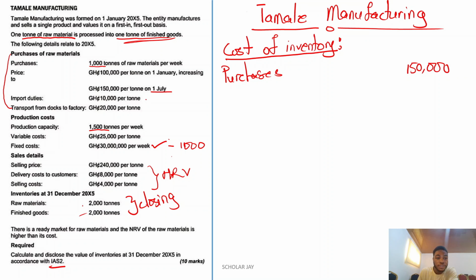Then import duties, we have to pick that figure. You understand why: because this is associated with the purchase of those inventories. So import duties is 10,000 per ton, Ghana cedis. Then there was transport from docks to the factory. This is a delivery cost, is that not it? So we have to add that one. Transport is 20,000.